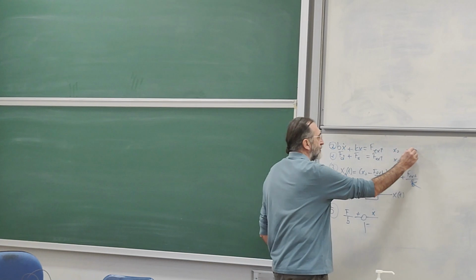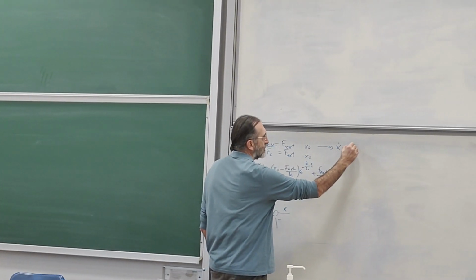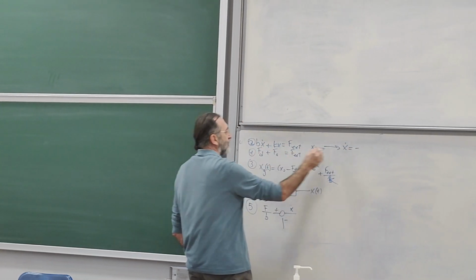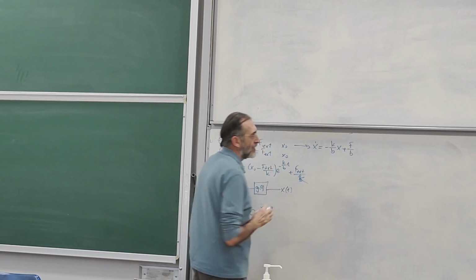It came from this. If I leave X dot alone, then I get minus K over B, X plus F over B, right?